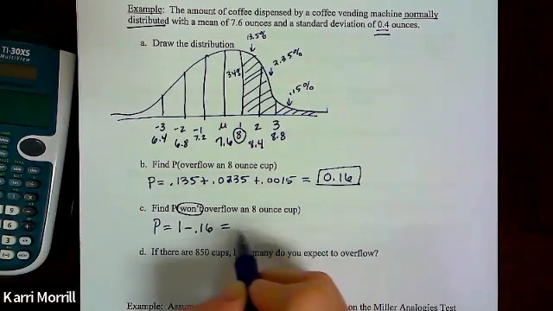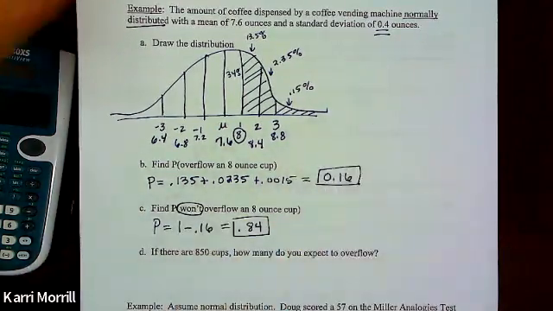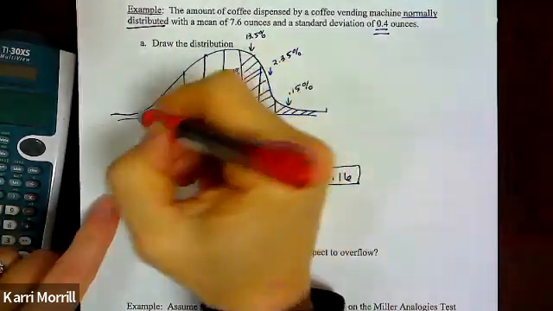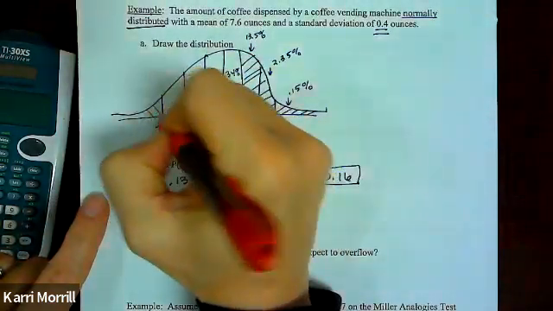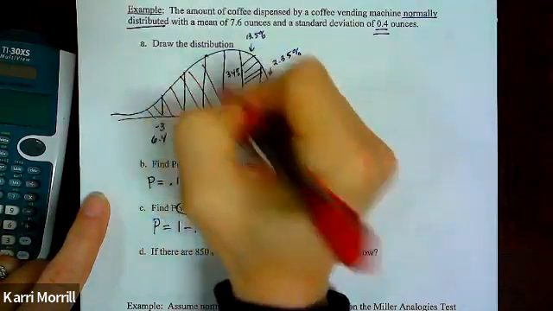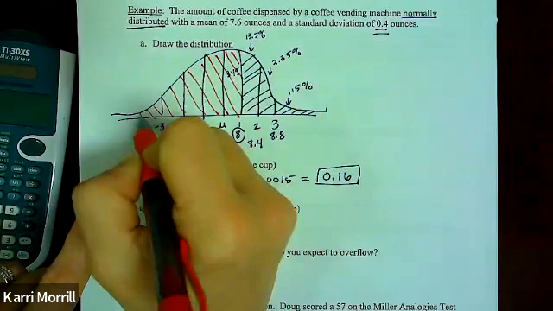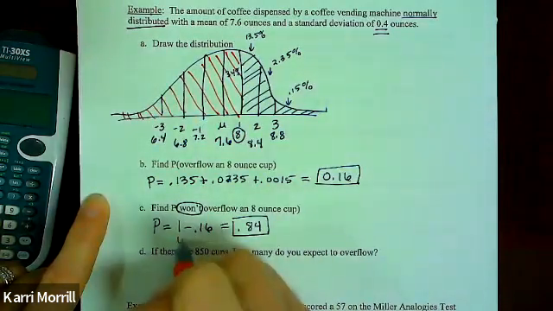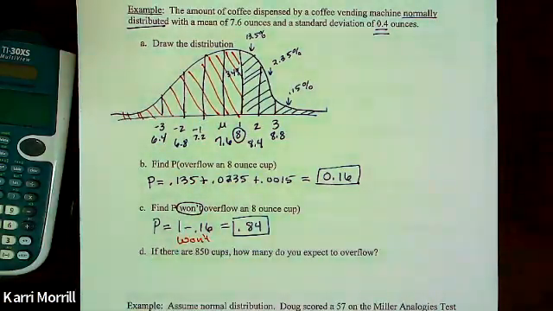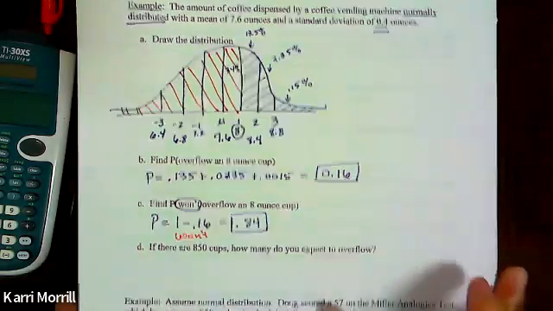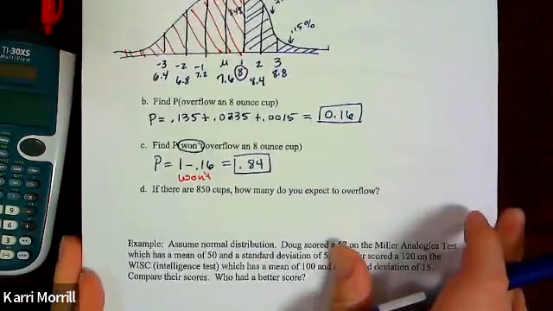And so I think it's a little bit quicker if you do it that way. But as long as you understand that won't overflow, we're talking about this section now. That's adding all of that section together if you want to do it that way, is the won't overflow. That means it would be less than your 8-ounce cup.